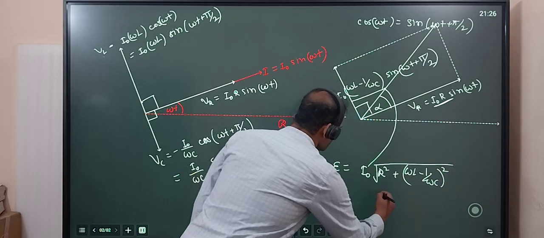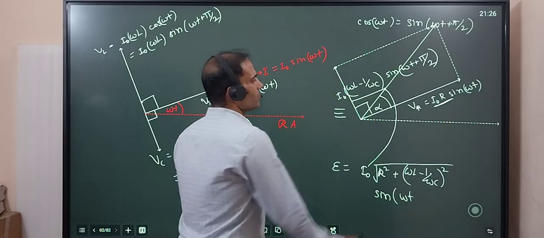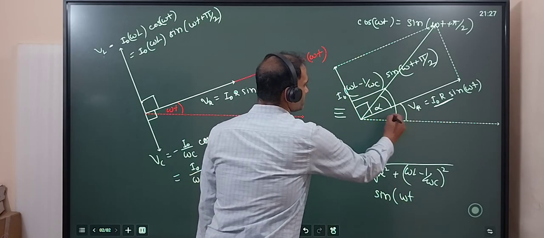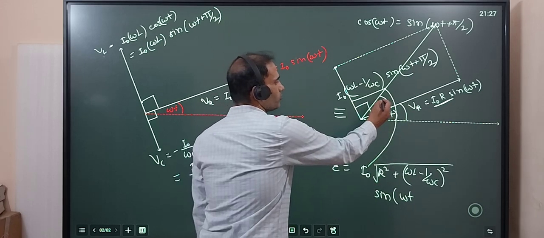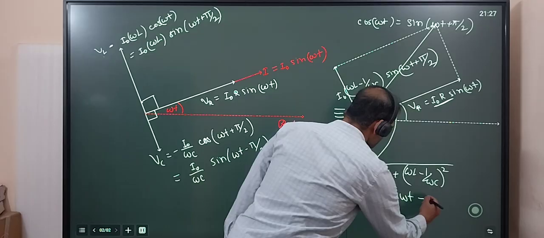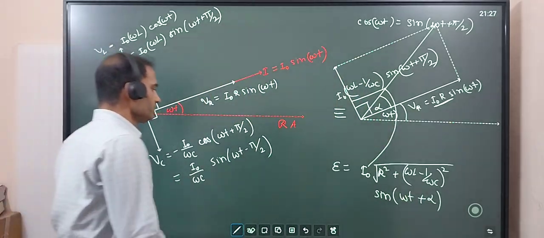And for phase consideration I will write sine omega t. Omega t is this angle, but we have to write omega t plus alpha. Omega t plus alpha, and what will be alpha?